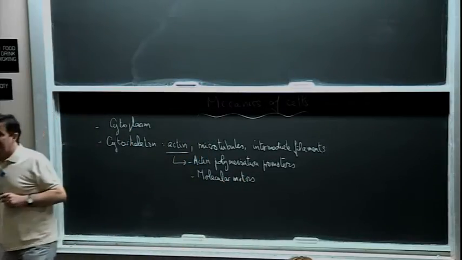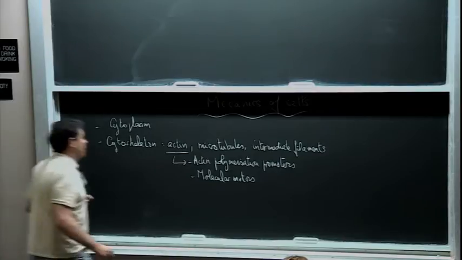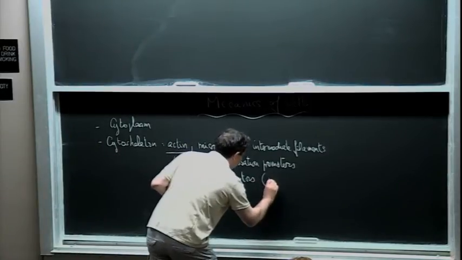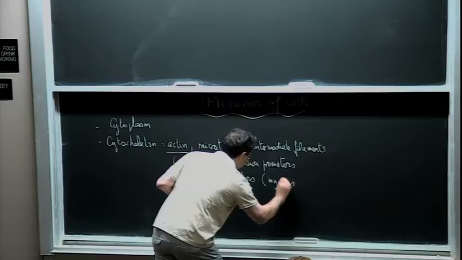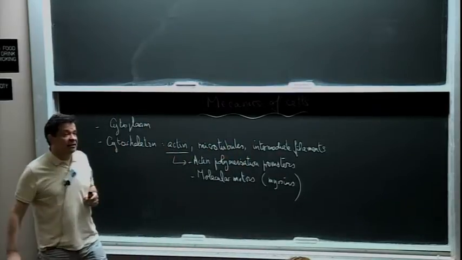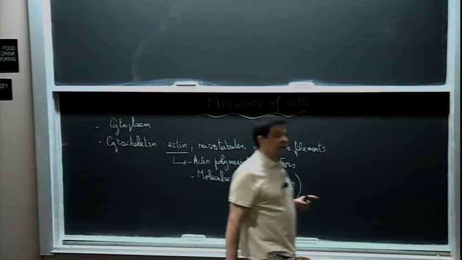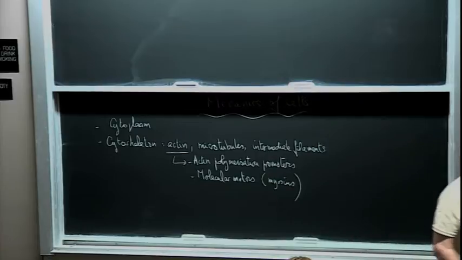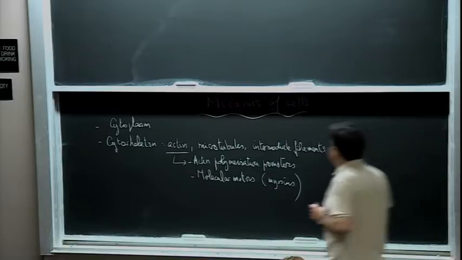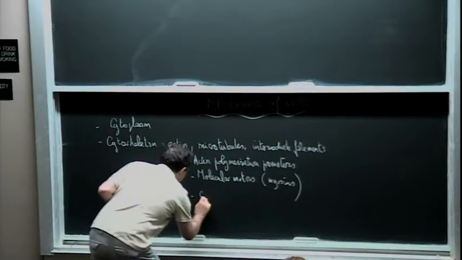And the one that interact with actin are called myosins. And the last type of protein that I want to talk about is cross-linking proteins, proteins that take these filaments and cross-link them into a gel. So this is the 3rd type of protein that I will care about.